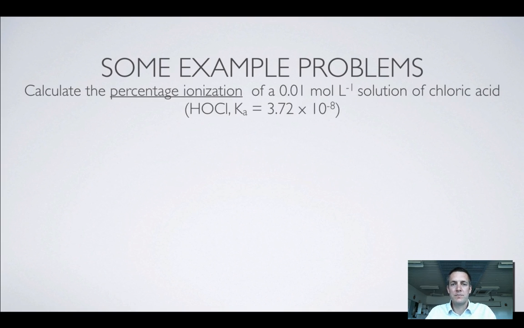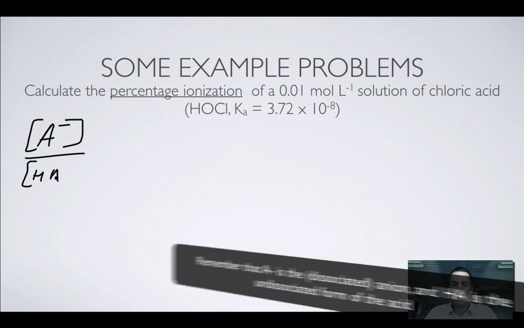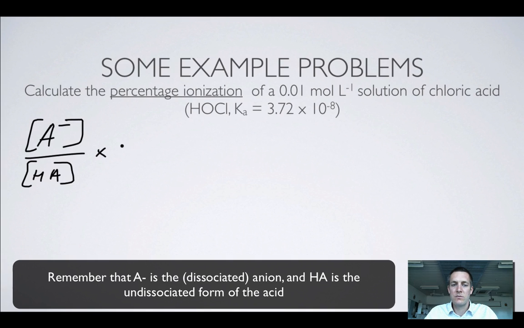And finally, we're going to have a look at a slightly different question, which is to do with the percentage ionization of an acid. Now, let's just stop and think about what on earth this might be telling me. Well, the percentage ionization is telling me what percent of the acid has ionized. In other words, what is the ratio of A minus to HA expressed as a percentage?